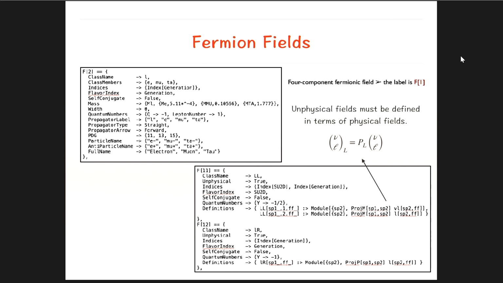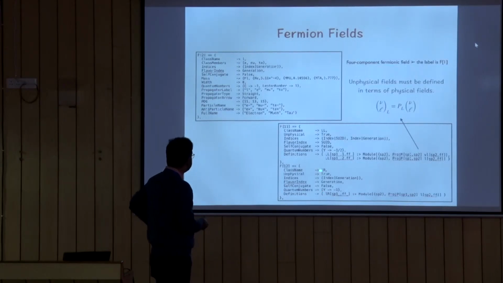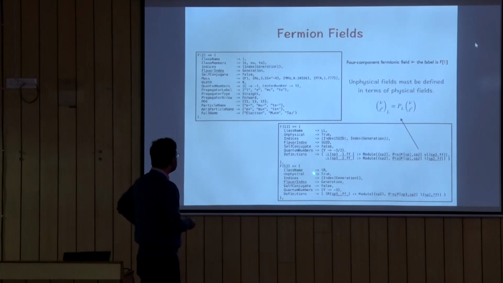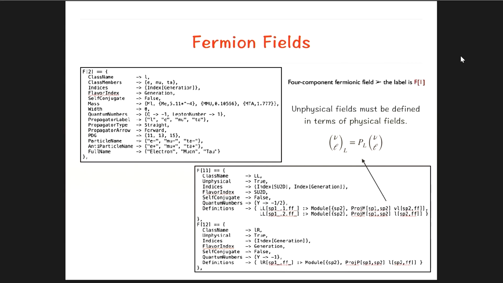Now, so this was the case of left-handed doublets. What about the right-handed singlets? The right-handed singlets are like LR, and because they do not have any isospin, the quantum number of electromagnetic charge is essentially fed from the hypercharge only. So Y is equal to -1, and the definition is simply LR sp1 ff. Here you see that it is not a matrix, unlike the LL case.